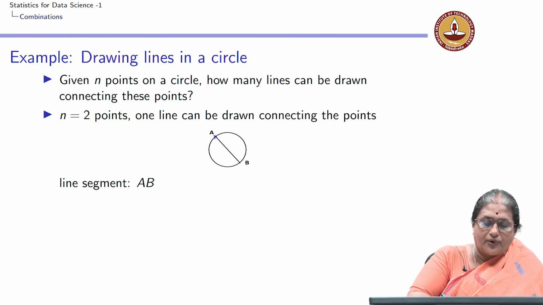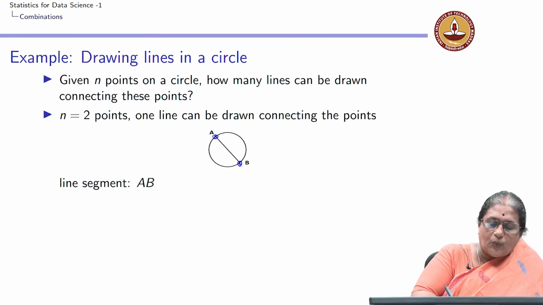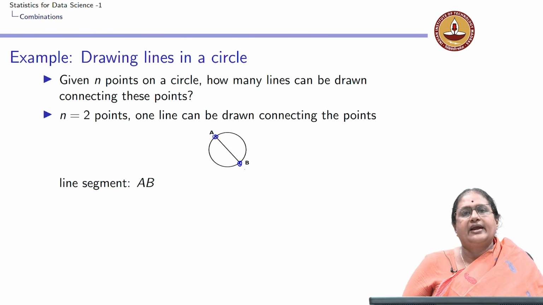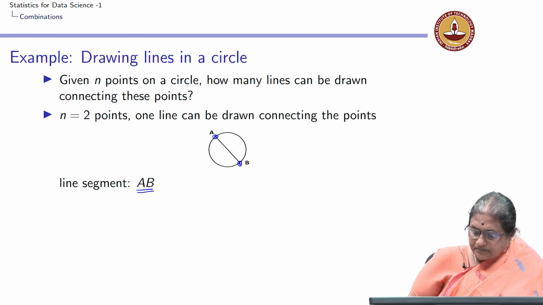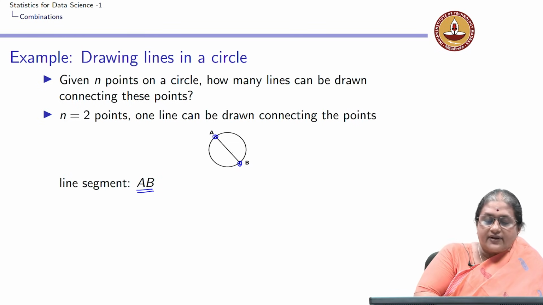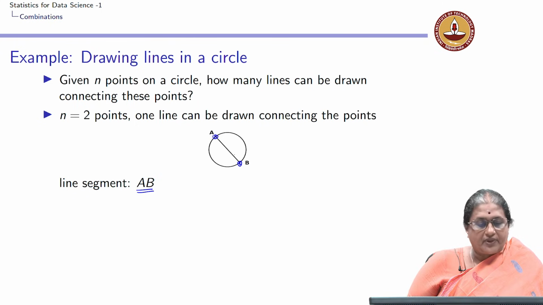Let me term the points A and B. Given A and B, I can draw only one line connecting A and B. I am referring to that line segment as AB. Sorry, given 2 points, I can connect them using one line.